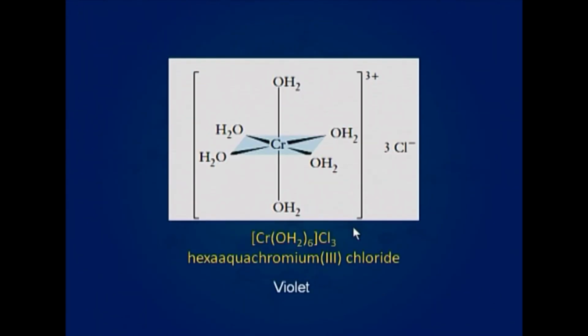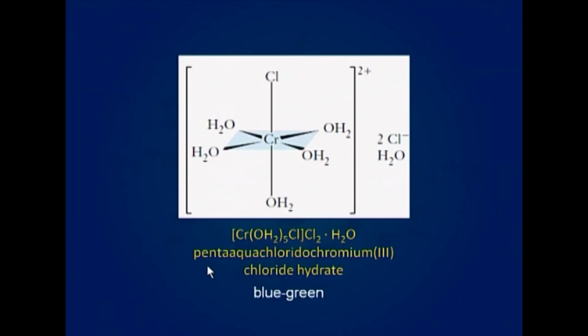You can also see the structures of hydrate isomers. This is hexaaquachromium(III) chloride, which is violet in color. You can see 3 chlorides are outside the coordination sphere. Pentaaquachloridochromium(III) chloride hydrate is blue-green in color.